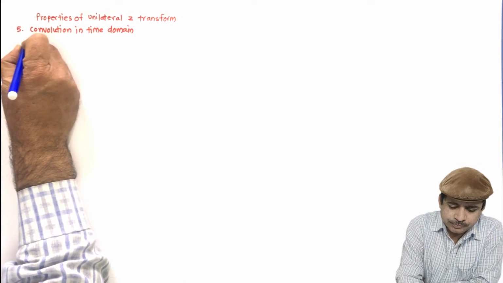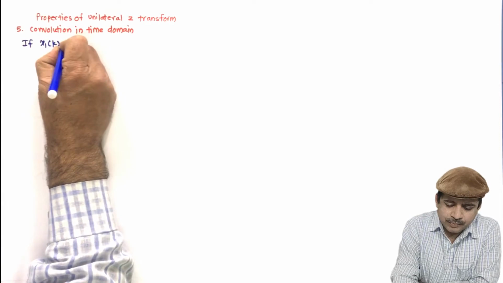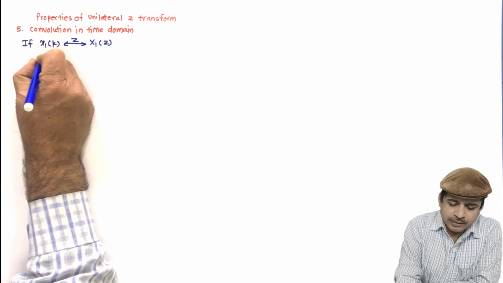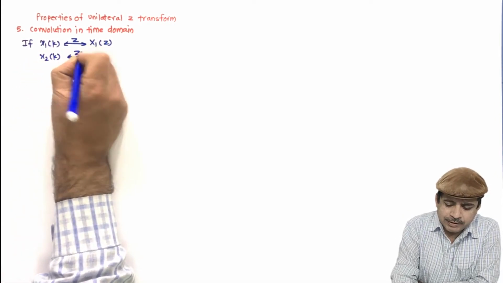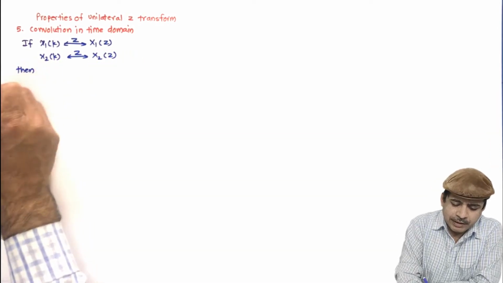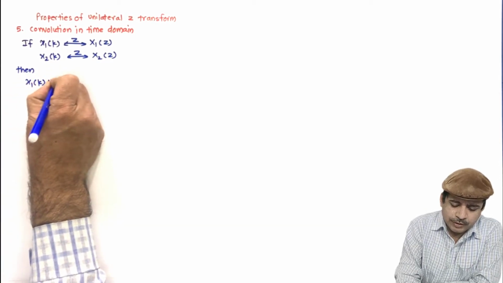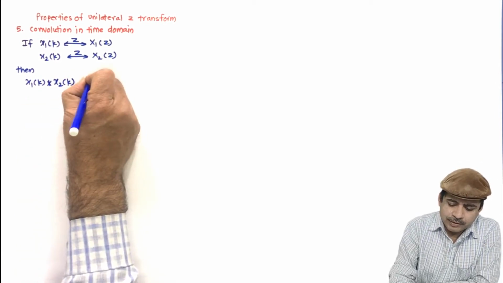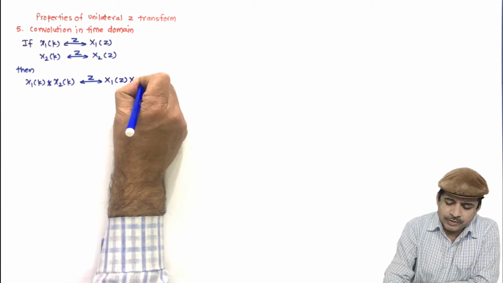So if x1 of k taken Z transform gives me x1 of z, and x2 of k taken Z transform gives me x2 of z, then x1 of k convoluted with x2 of k, this is the sign for convolution, taken Z transform gives me x1 of z into x2 of z.